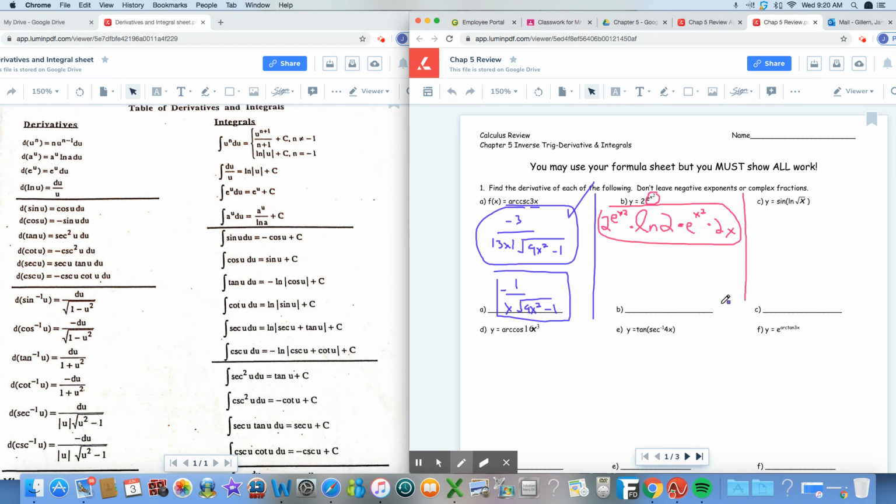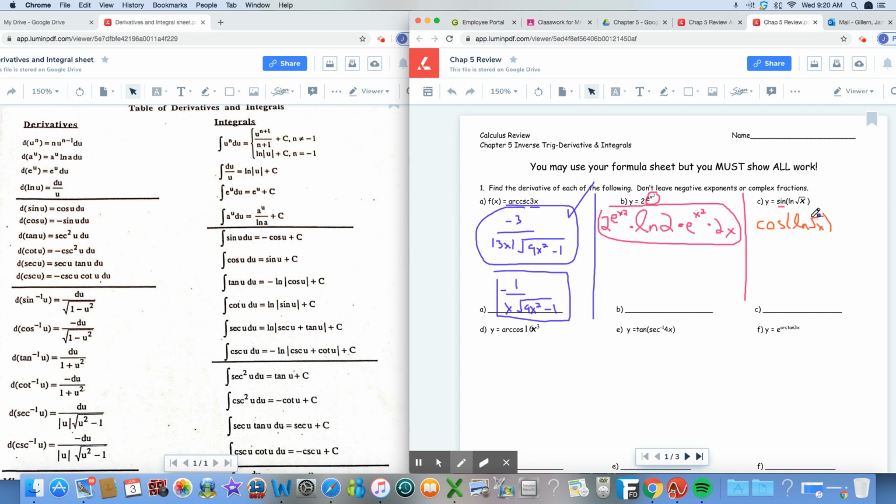Now we have a natural log and we have a sine, but what comes first? The sine comes first. So we have to look at the derivative of sine is cosine u du. So it is cosine, keep the inside the same, which is natural log of the square root of x, times the derivative of the inside, which is a natural log. How do I find the derivative of natural log? It's right here, du over u.